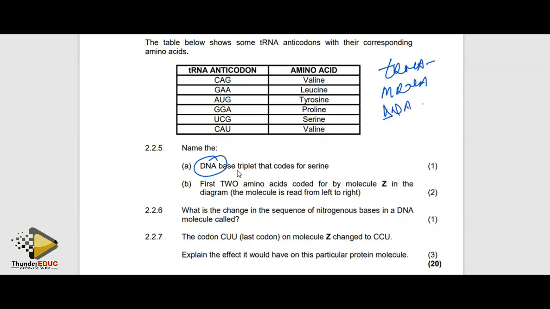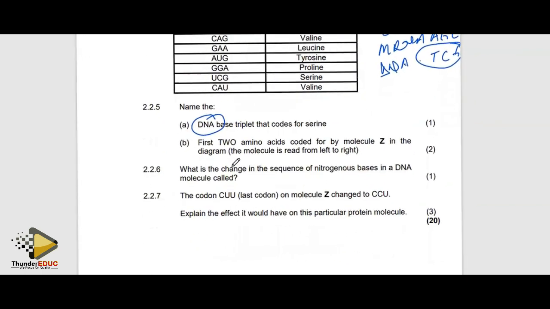If it is tRNA, serine is UCG, so U goes with A, C goes with G, and G goes with C. So it's going to be TCG. So that is the code for DNA. It means that you have to convert it two times.